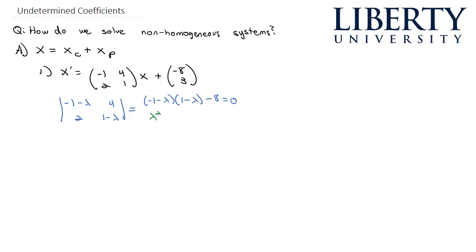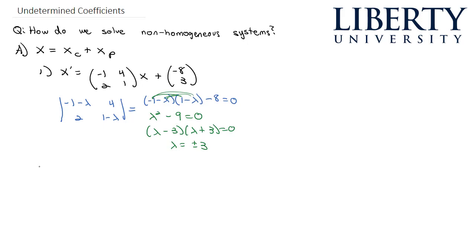Multiplying it out, we get lambda squared plus lambda minus lambda is 0. And then finally a -1 minus 8 gives us -9 equals 0. And so we can see it factors to (lambda minus 3) times (lambda plus 3). In other words, our eigenvalues are lambda equals plus or minus 3.